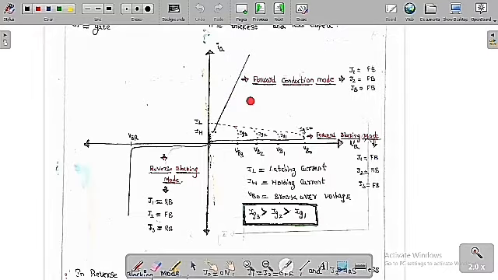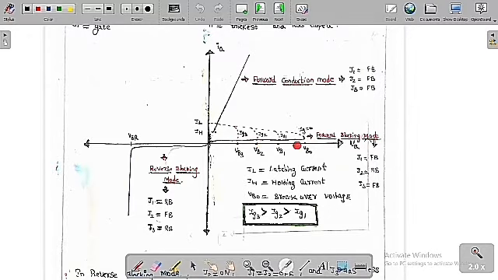If you apply a forward voltage, what is going to happen? If you apply a forward voltage and you are not applying the gate current, that is, the gate current is 0, then J1 and J3 are forward biased, but J2 is reverse biased. If A is positive and K is negative, then as J2 is reverse biased, the current will be 0, apart from a small amount of leakage current.